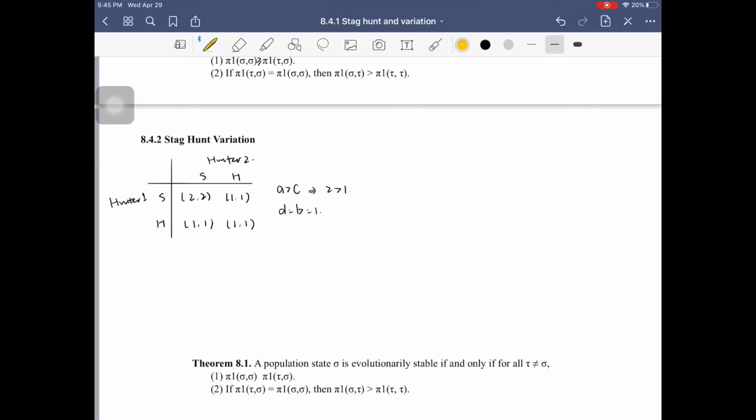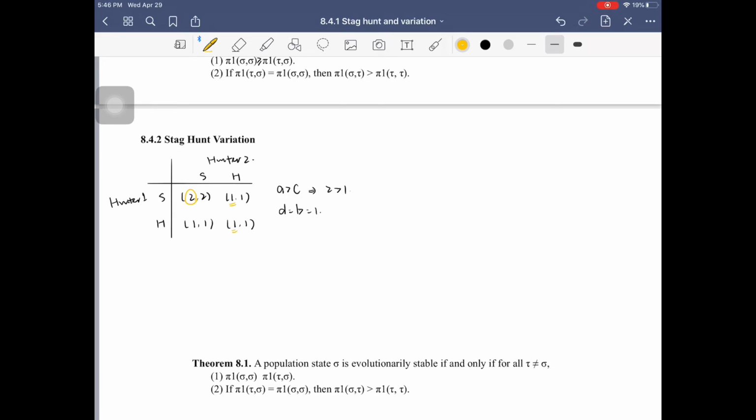And we use the best response strategy to find the Nash equilibrium. When hunter 2 chooses to hunt the stag, hunter 1 will choose to hunt the stag as well. If hunter 2 chooses to hunt the hare, then hunter 1 choosing stag or hare makes no difference.